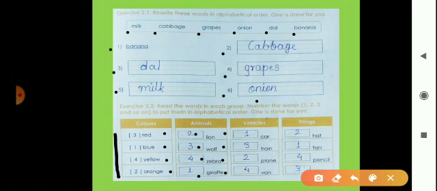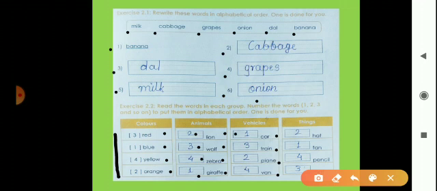Now we will see the vehicles. Here are car, train, plane and van. So the first letters of these words are C, T, P and V. So out of these 4 letters, C comes first in the alphabet.